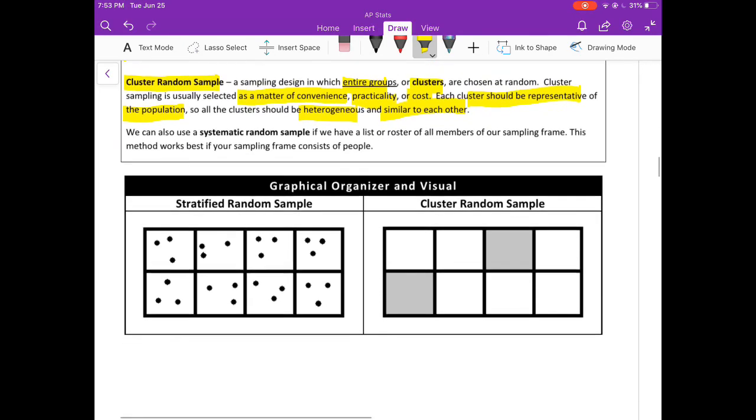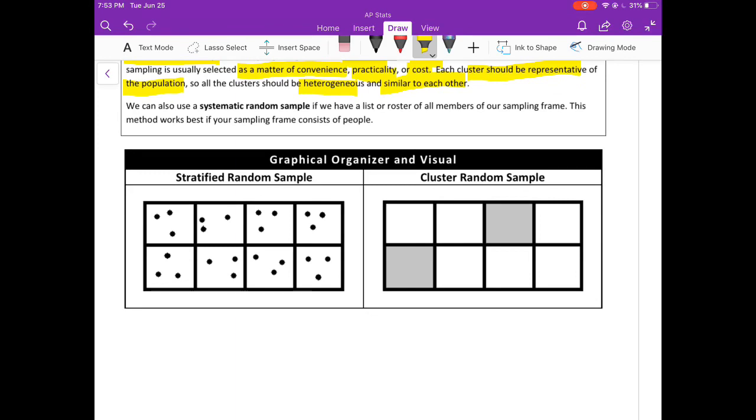Okay, and then the last method is that you can also use a systematic random sample if we have a list or roster of all members of the sampling frame. This method works best if your sampling frame consists of people. Okay, so here's a graphic organization and the visual.